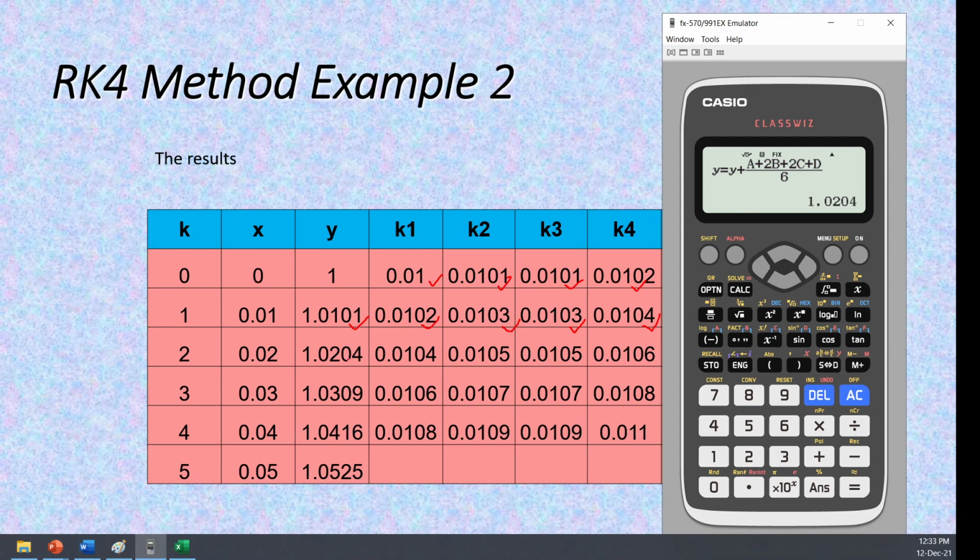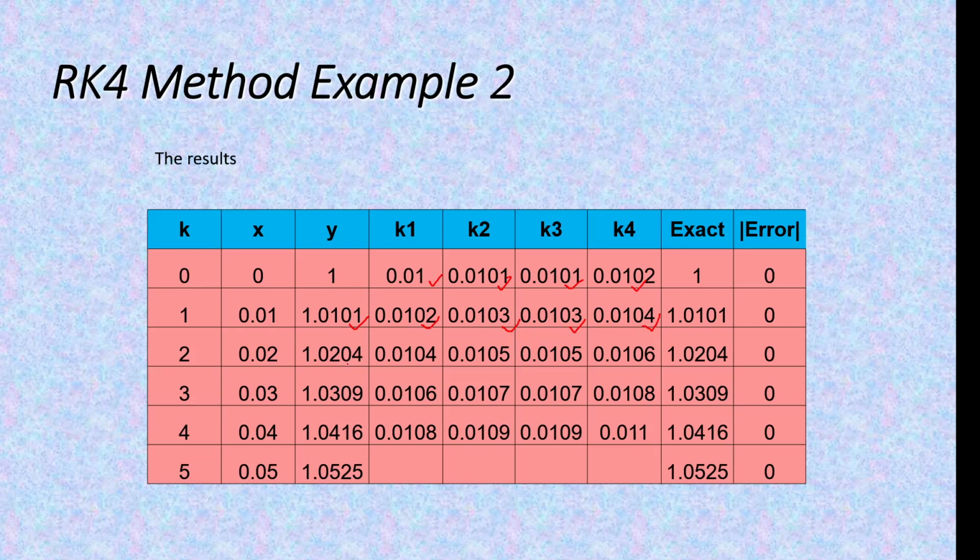So you get 1.0204. So the process, I think, is repeated.